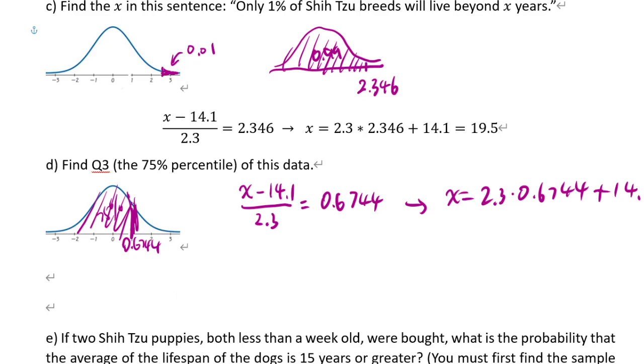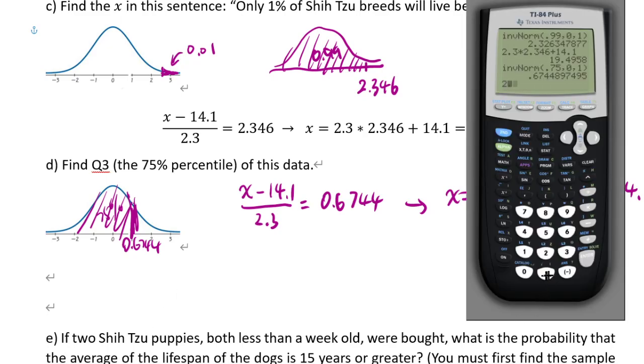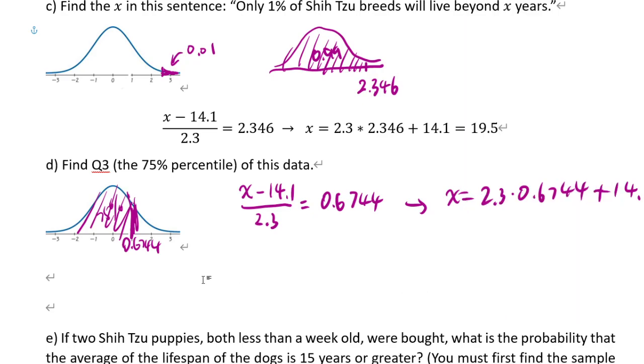That's 2.3 times 0.6744 plus 14.1, and that gives you 15.65. So that's your Q3, rounded to the tenth of a year. That's what it is.